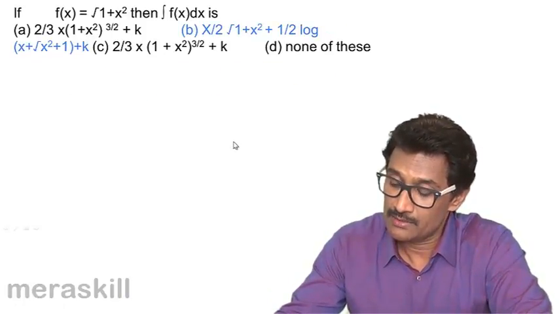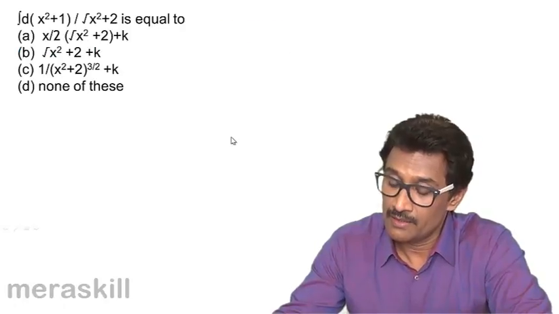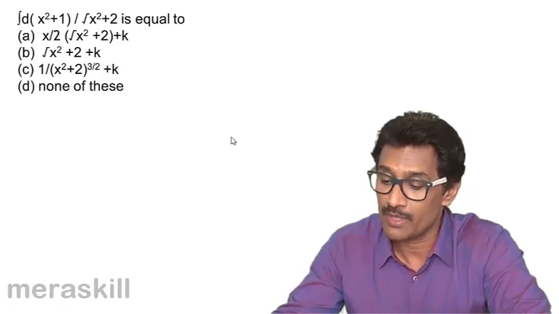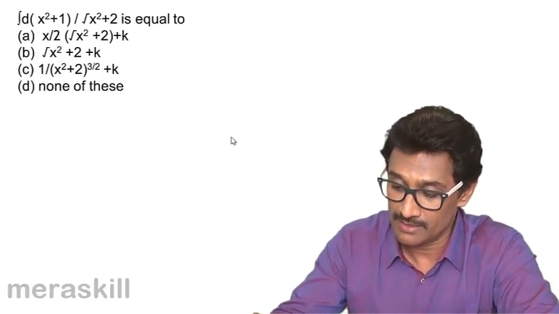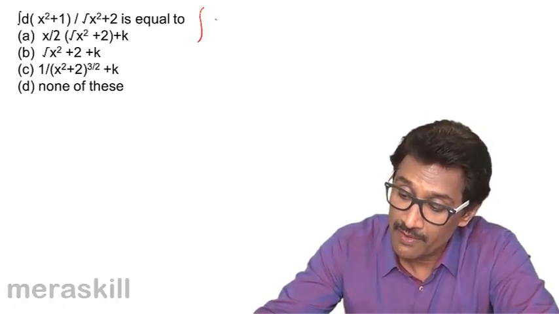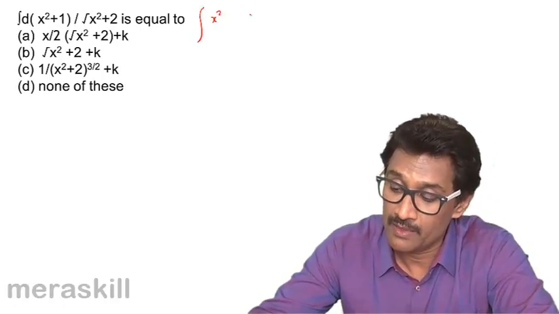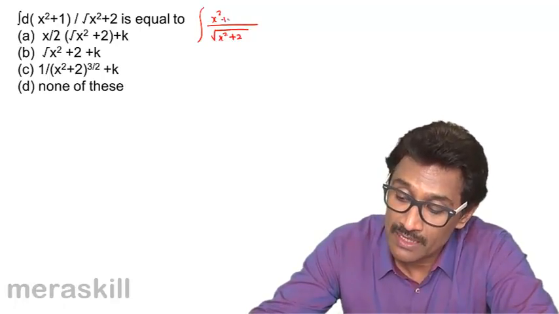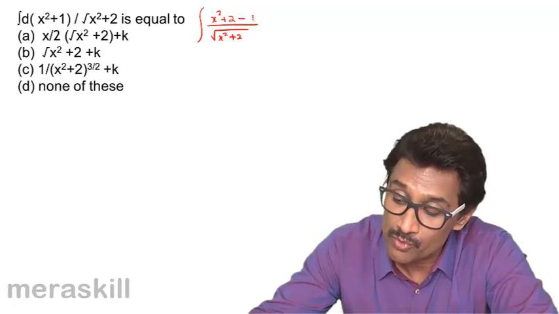Okay, then we have integral of x square plus 1 upon root x square plus 2 dx is equal to what? Let's see. Now this is an interesting thing. So we have x square plus 1. Now there is one root x square plus 2. Now if you see, x square plus 1 can be written as x square plus 2 minus 1.